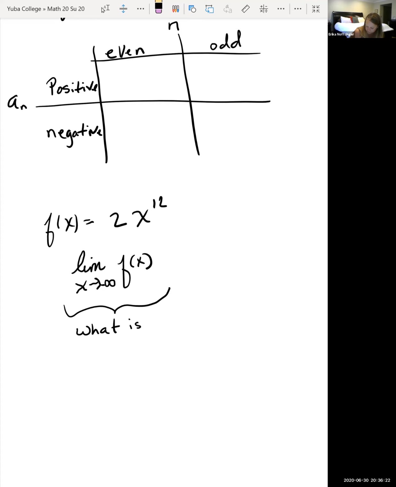That's basically the terminology, and it's written as lim, as x arrow infinity, of f of x. So we're looking at what happens to y, or f of x, as x goes to positive infinity.